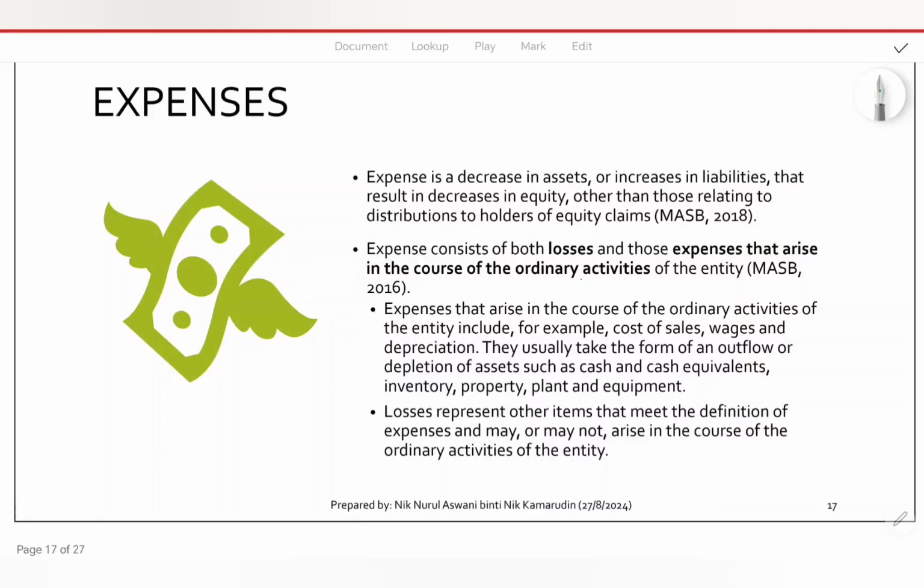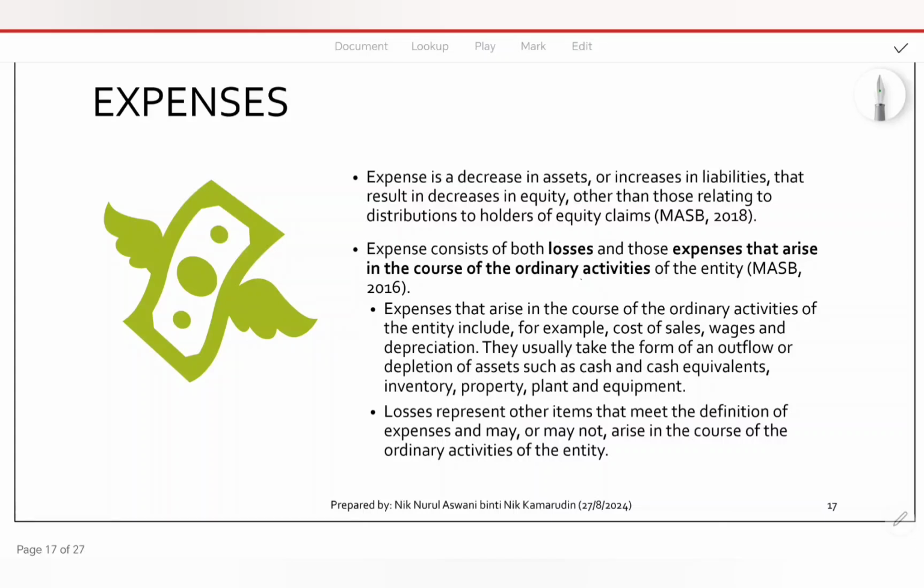While expense is the opposite of revenue, where expense is defined as a decrease in asset or increase in liabilities that result in a decrease in equity other than those relating to the distribution to holders of equity claim. A decrease in asset happens, for example, when you make a payment for utility bills using cash.